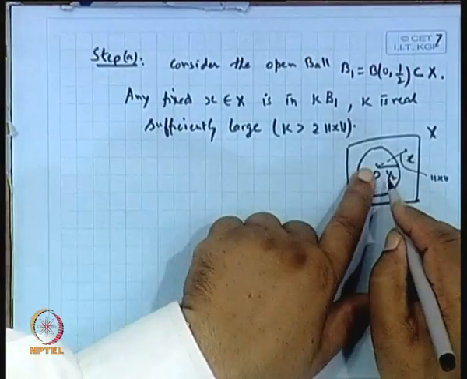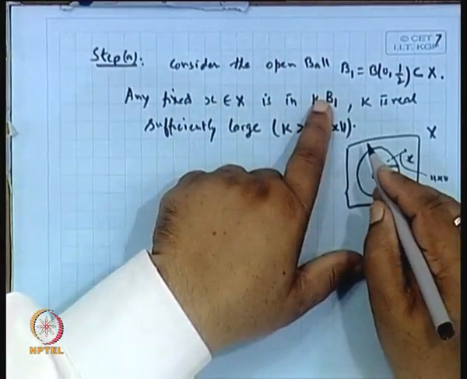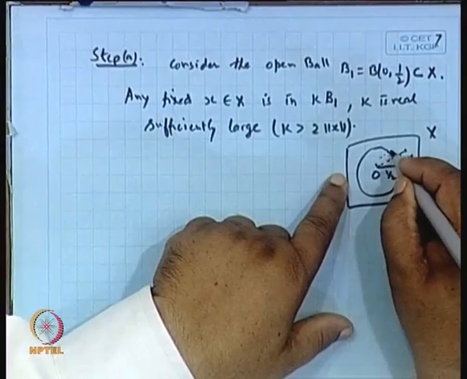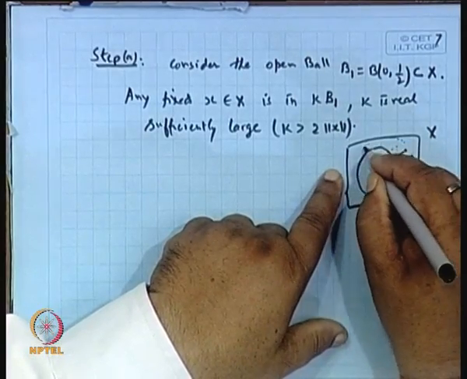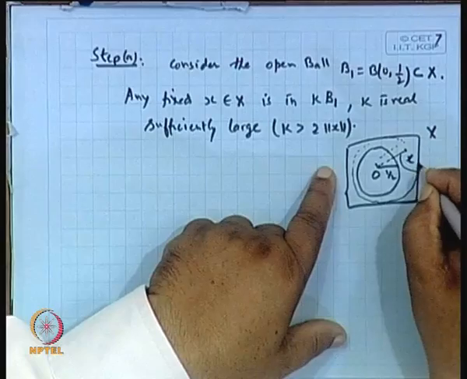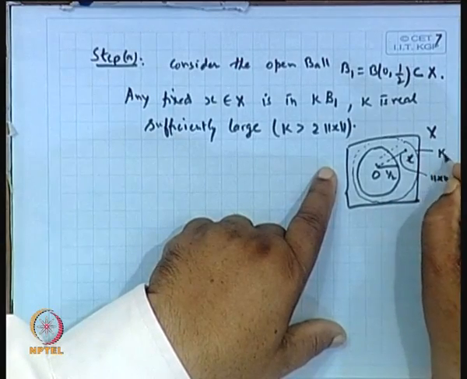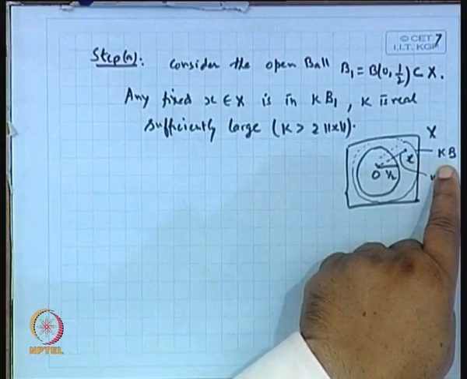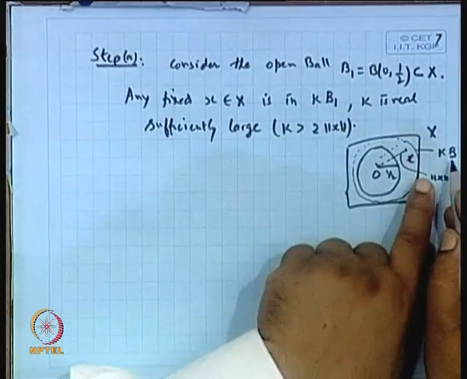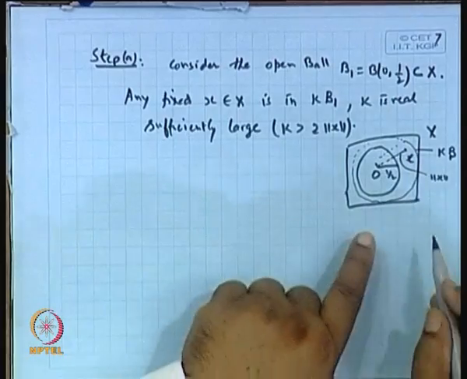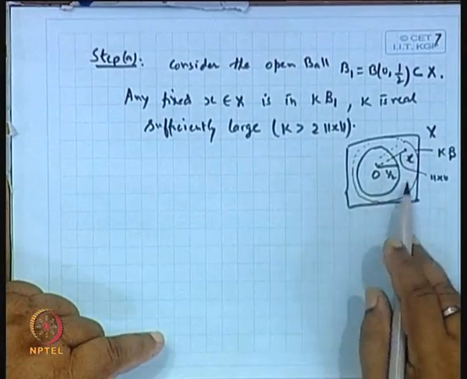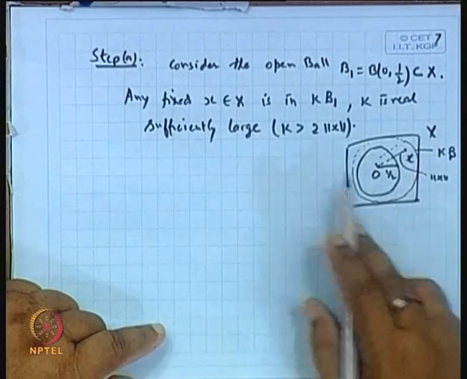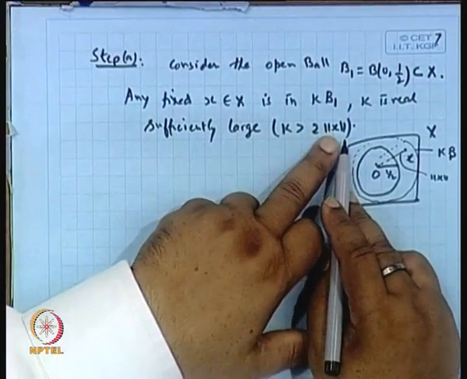Now, if we take k times B1, then each of these is scaled and we get a ball around this point. This is our k B1. So k must be large enough so that the point x lies within this k B1. It means the radius of this ball must include this point, the norm of x.